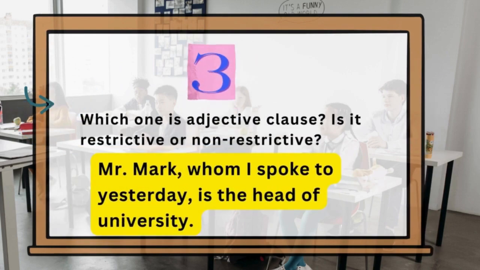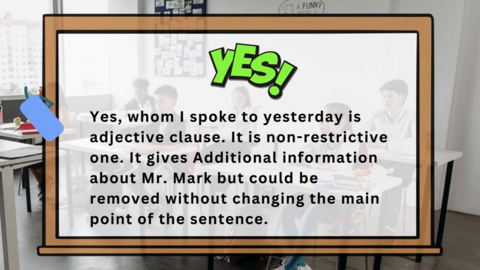Number 3. Which one is adjective clause? Is it restrictive or non-restrictive? Yes, whom I spoke to yesterday is adjective clause. It is non-restrictive one. It gives additional information about Mr. Mark, but could be removed without changing the main point of the sentence.